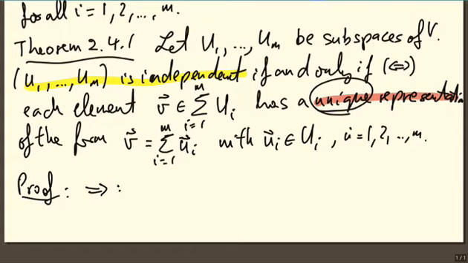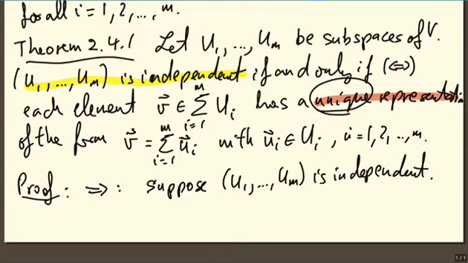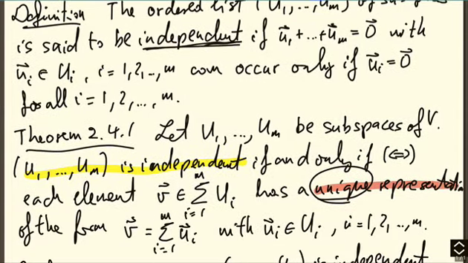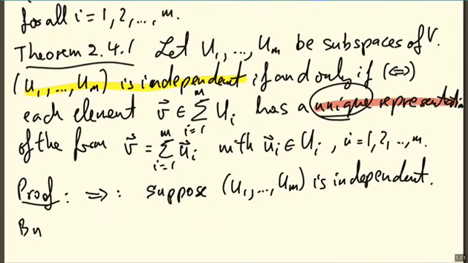Let's start with this direction. That means that we suppose that the list U1, ..., Um is independent. By the definition of independence, it actually says that 0 can be represented only one way, with all zeros sums. So at least the 0 has a unique representation according to the definition. Let me write this down.